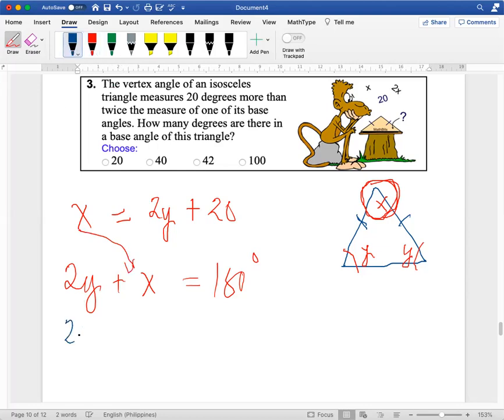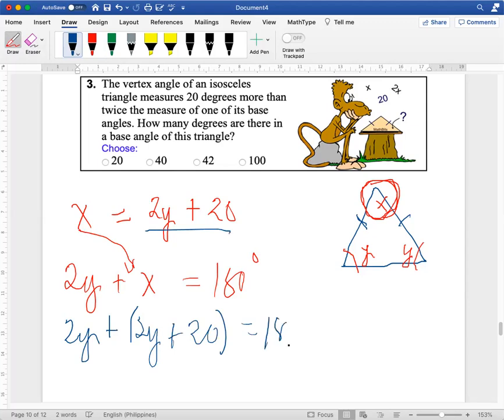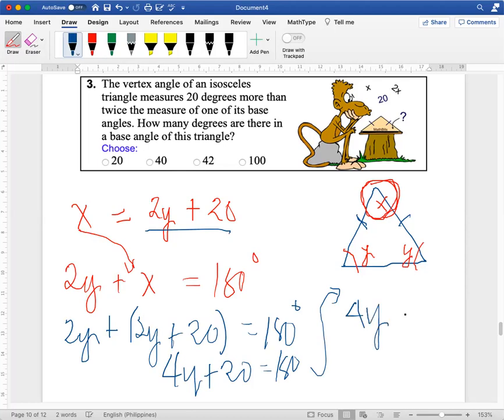So we have 2y plus 20. I just copied the value of x here, equals 180 degrees. Here, I have 4y plus 20 equals 180. If we simplify and solve for y, 4y is equal to 160.